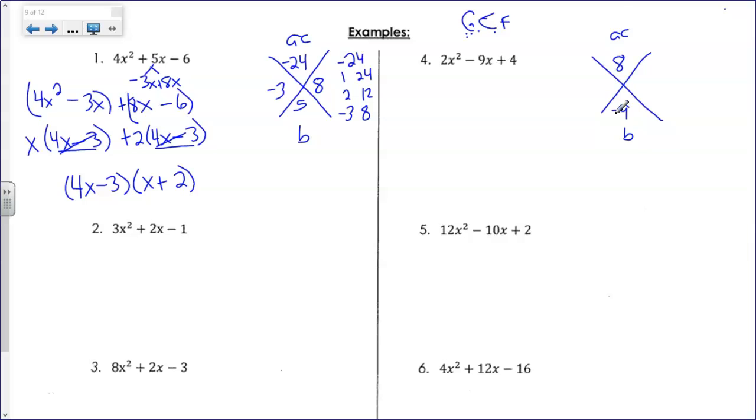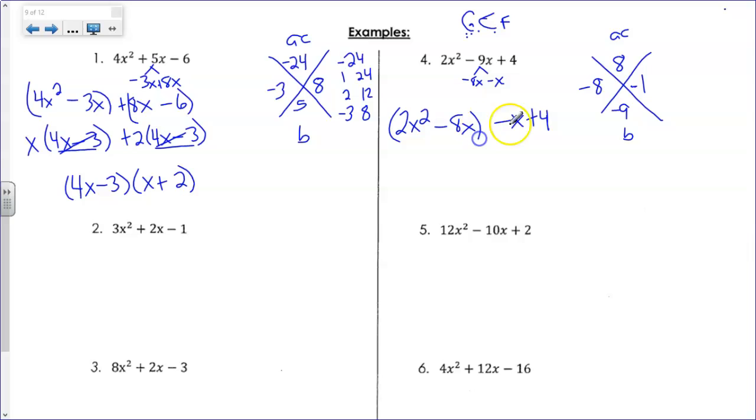Okay, so hopefully real quickly you see 8 times 1 is 8 and 8 plus 1 is 9, but they both need to be negative. So we're going to bring down the first term, and then the negative 9 becomes negative 8x minus x, 8 and 1. So that's going to be my middle terms. And then I'm going to bring down the last term.